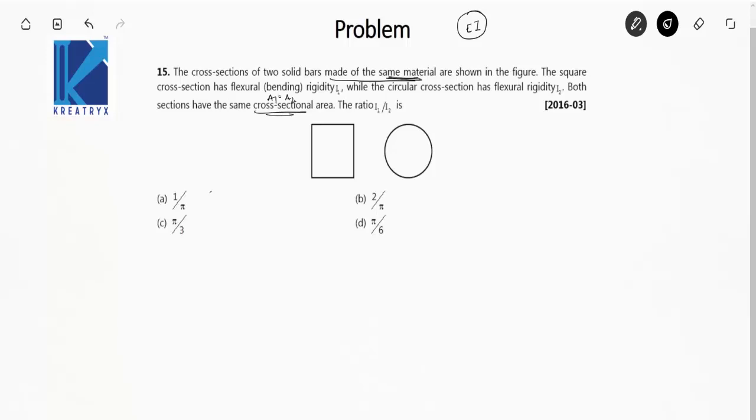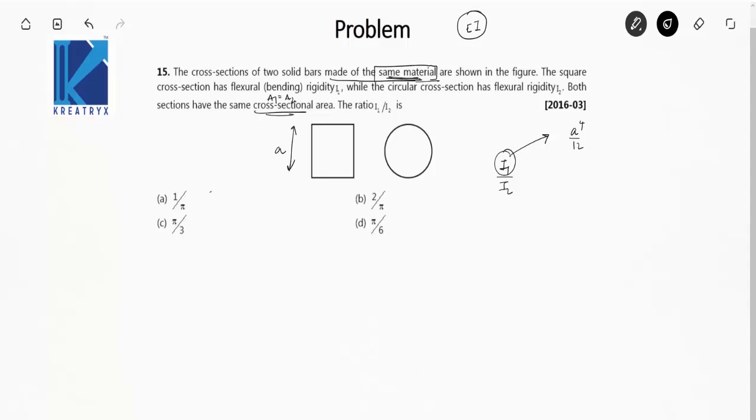I will directly cancel out E because both cross sections are made of the same material. So I have to find I1 by I2. The moment of inertia for a square cross section is a raised to the power 4 by 12, where the side of the square is a.